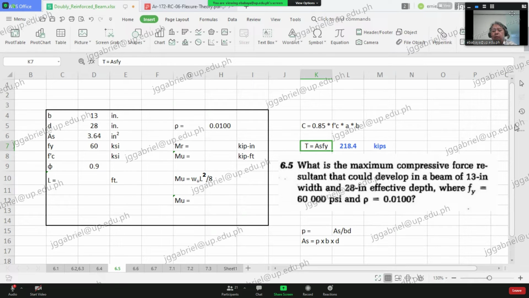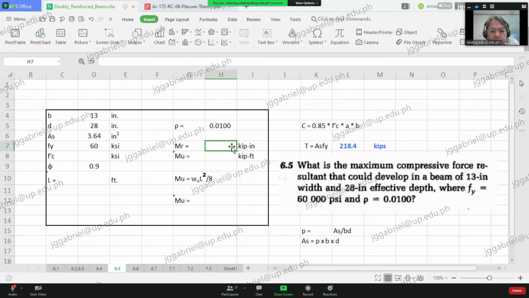That's why we have the resisting moment, which is the couple. The couple brought about by these two forces, C and T. C and T are in opposite direction. Okay, that is the couple equal to the resisting moment.